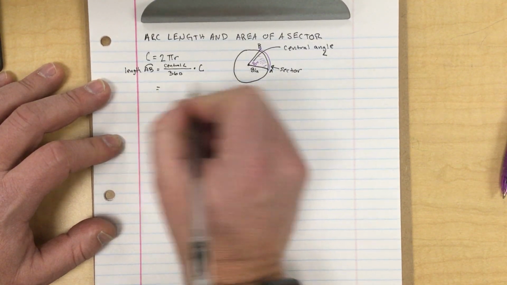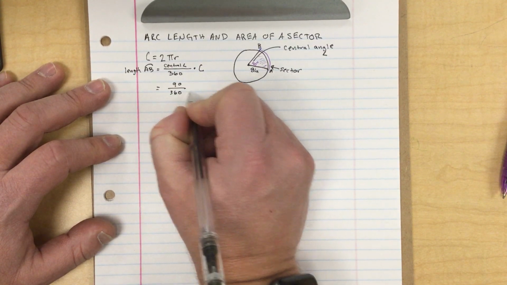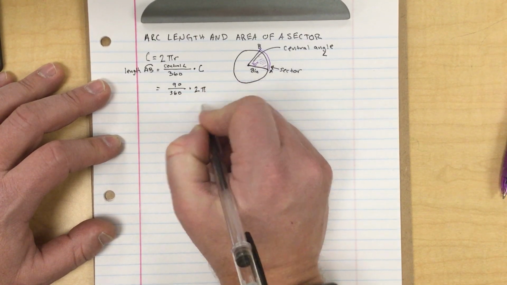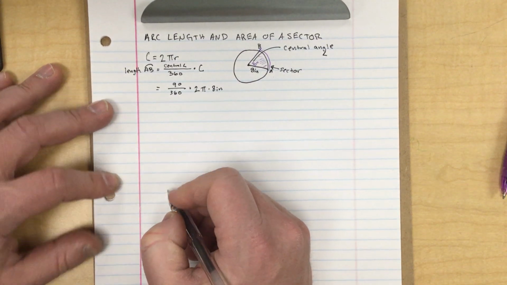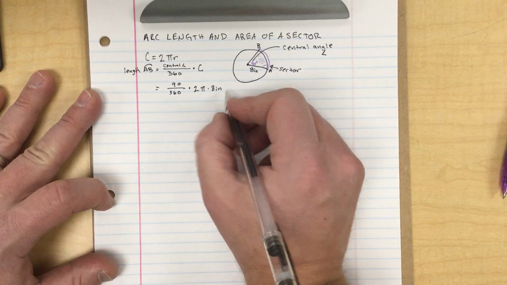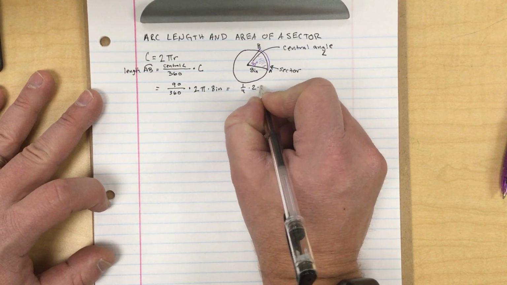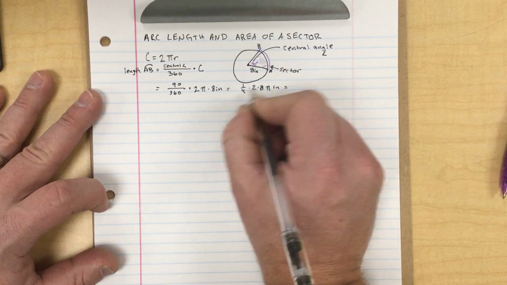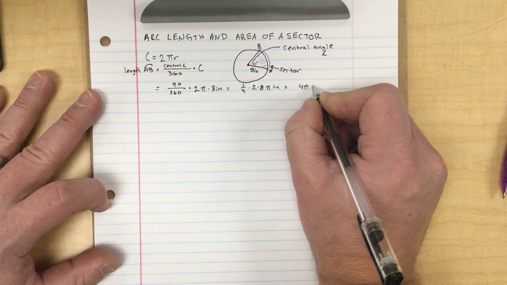So in our case, the central angle is 90 degrees over 360 degrees, and we're going to multiply by 2 times pi times my radius, which is 8 inches. We're going to have 1/4 times 2, and I'm going to put that 8 out in front, pi inches, which gives us 16 over 4, so 4 pi inches.